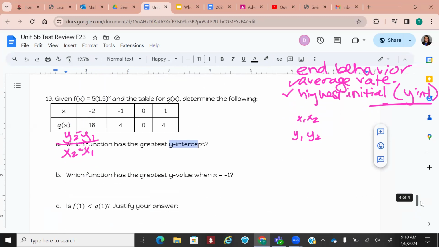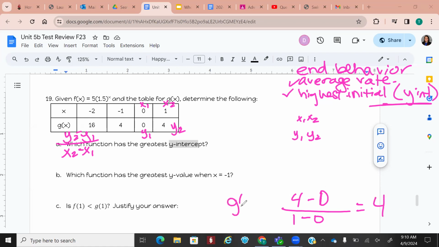From the table, when x was 0 and x was 1, we have x1, x2, y1, y2. Now we're going to take all of that and plug it into our equation. So that's going to give me 4 minus 0 over 1 minus 0. So that's going to give me an average rate of 4.